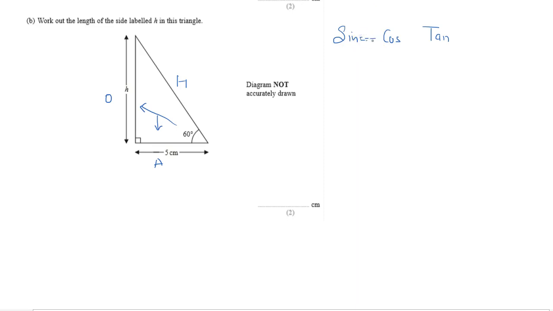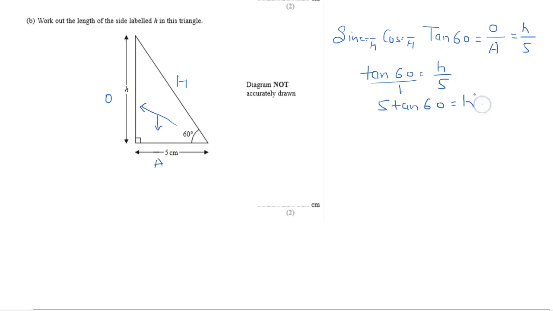We know in sine it is hypotenuse, in cos it is hypotenuse, but tan theta is equal to opposite over adjacent. Here opposite is h and the adjacent is 5. So tan 60 is equal to h over 5. We cross multiply, so 5 tan 60 is equal to h.